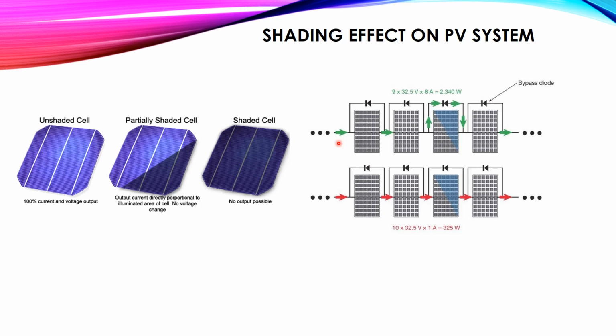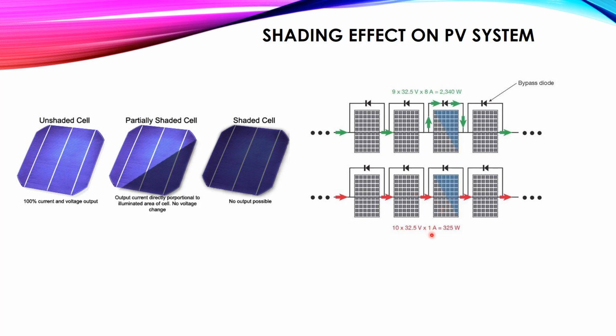Same current means that we will have the same current flowing through them, but here the current will depend on the panel. So if we allow the shaded panel in this case, this shaded panel will produce the lowest current. In this example, it will produce 1 ampere.